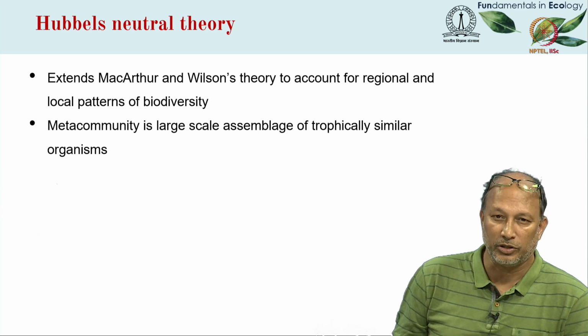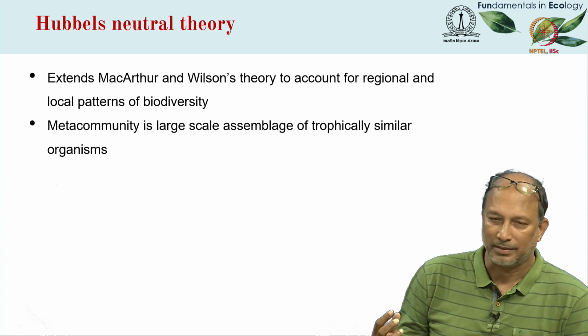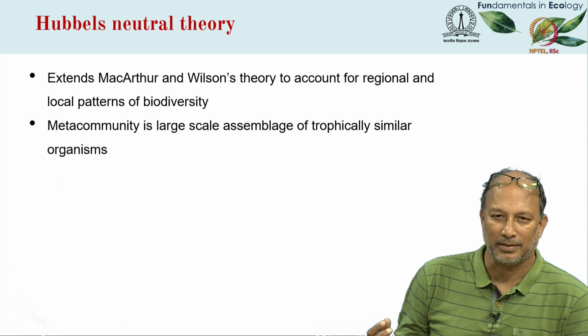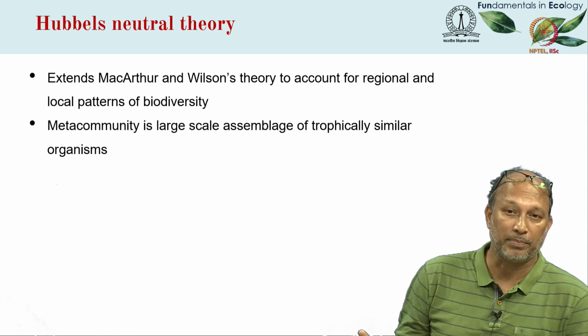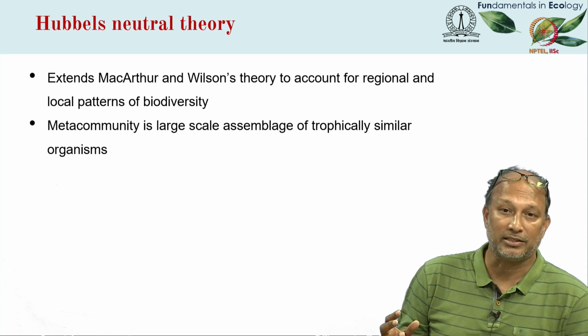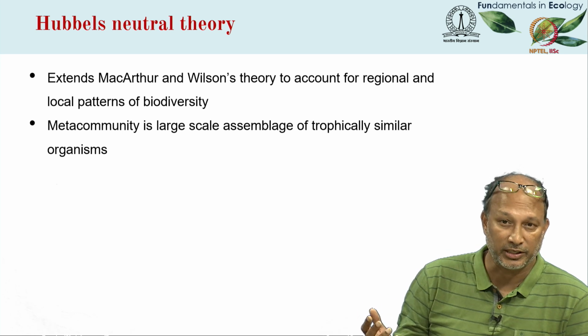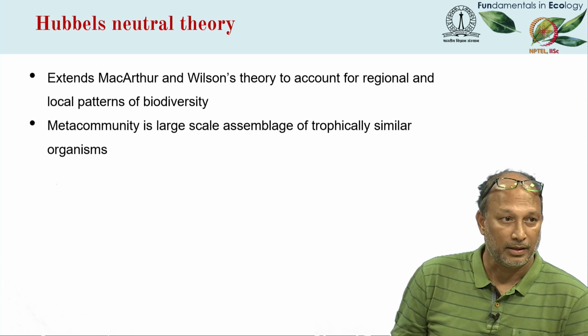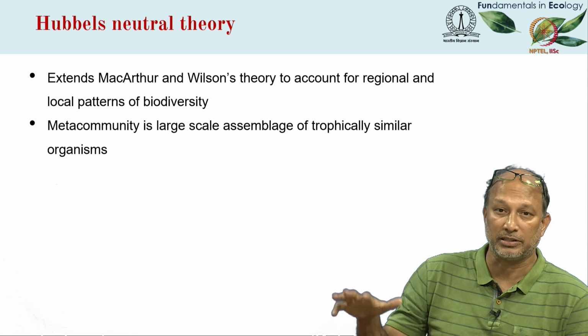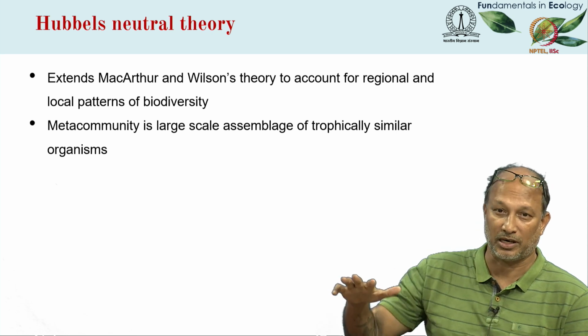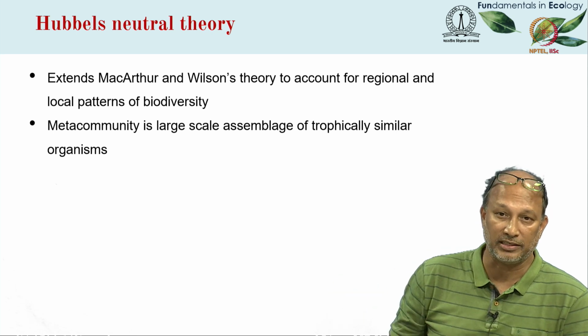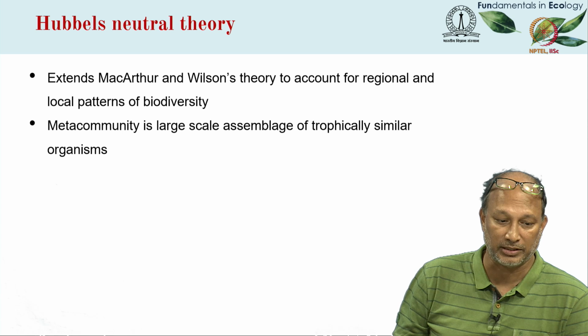This originally applied to classical islands, but could also be applied to habitats that were insular, such as, for example, the shola patches in the surrounding matrix of grasslands that one finds in the upper landscapes of the southern Western Ghats.